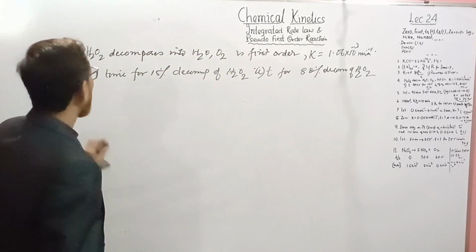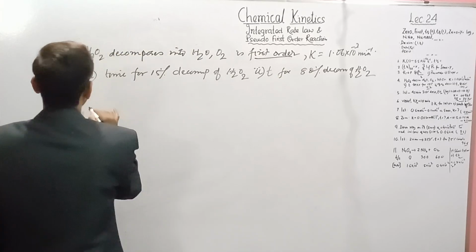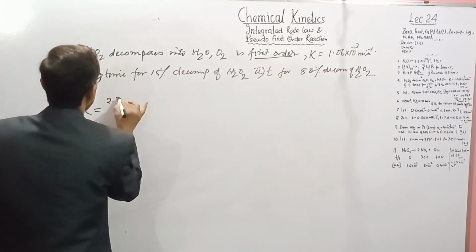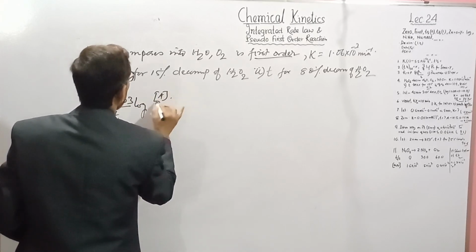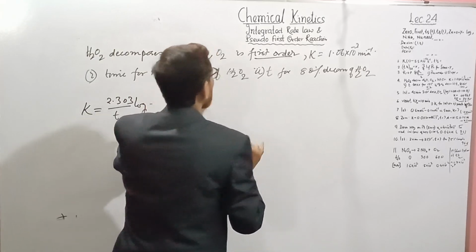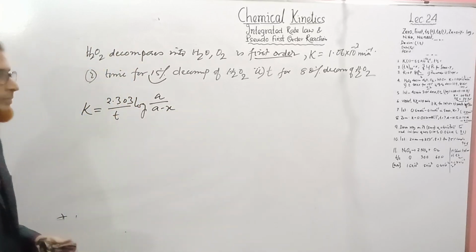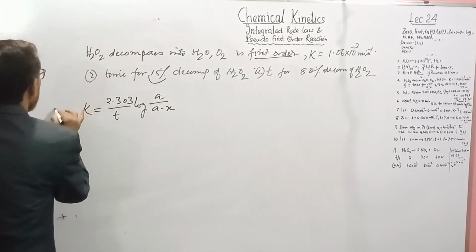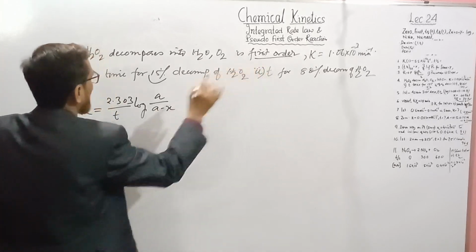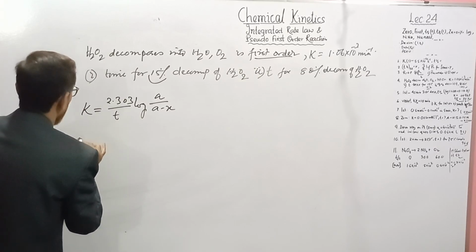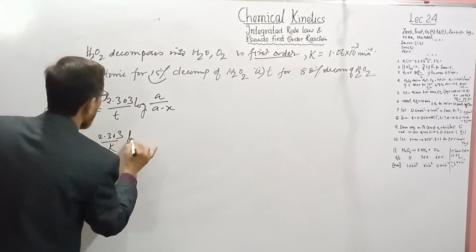So how will you do? It is a first order reaction. So you will write k is equal to 2.303 divided by t log a by a minus x. When there is a percentage, you write it in the a by a minus x form. So for the first reaction, t is equal to 2.303 divided by k log a by a minus x.